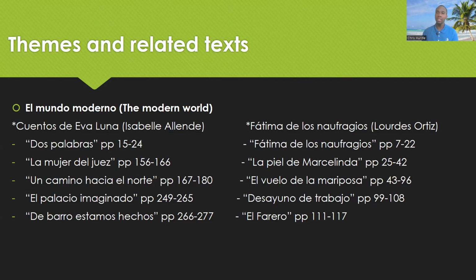Now, I can still remember a little bit about each story, but I still would have to reread them to familiarize myself with everything that took place. But that was the text that I studied at school, okay? Fatima de los Naufragios, no idea what that is. But that was the second text under the theme of El Mundo Moderno, okay?